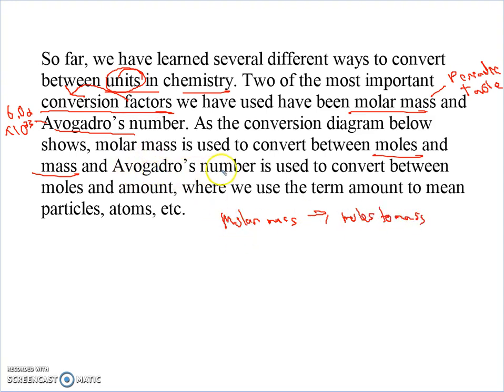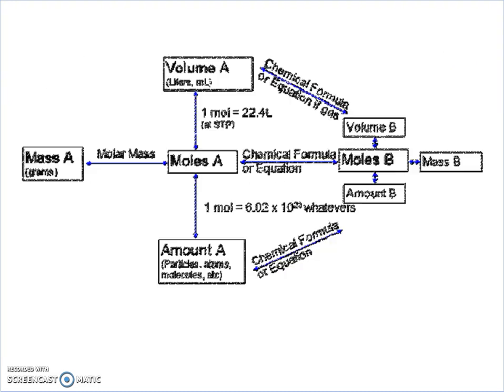And then it says Avogadro's number is used to convert between moles and amount, where we use the term amount to mean particles, atoms, etc. So I can put Avogadro's number is for moles to amount.